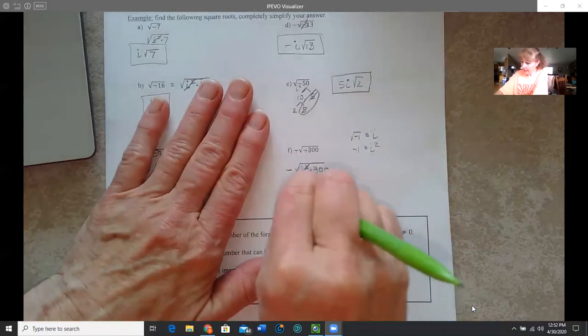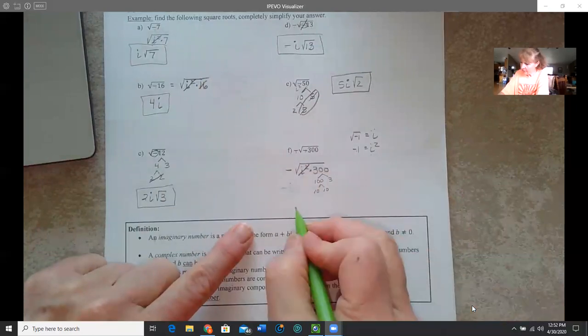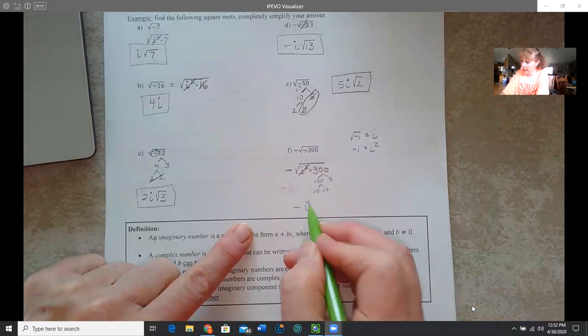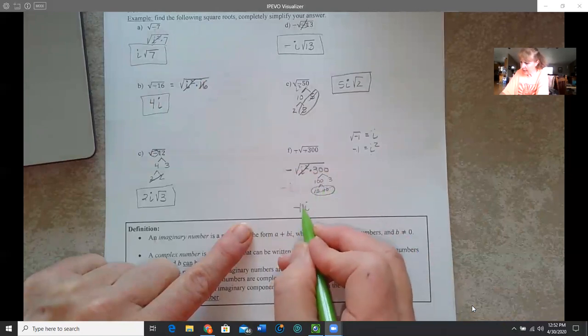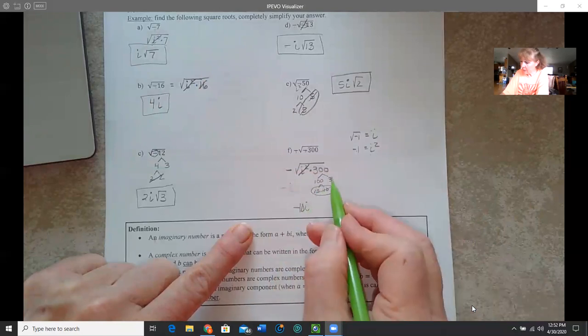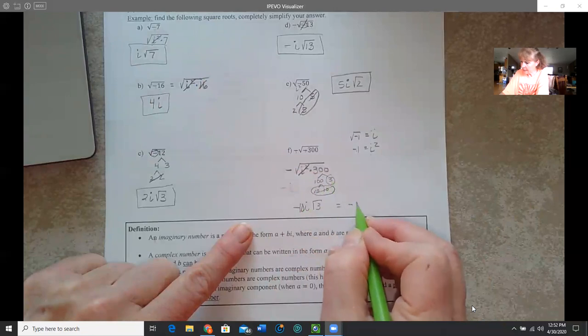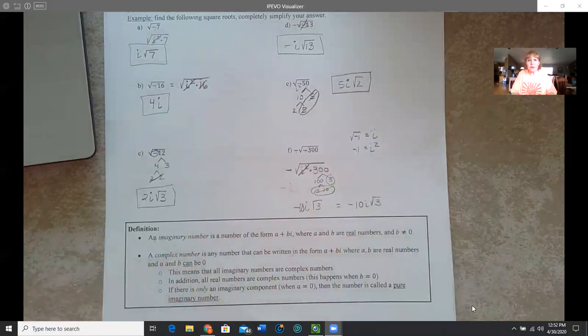So I'm going to move my negative i over or down. So we have our negative, we have our i. This 10 will come out. I'll put it in front of the i, and the square root of 3 has to stay. So I'll rewrite it. It's a little messy.